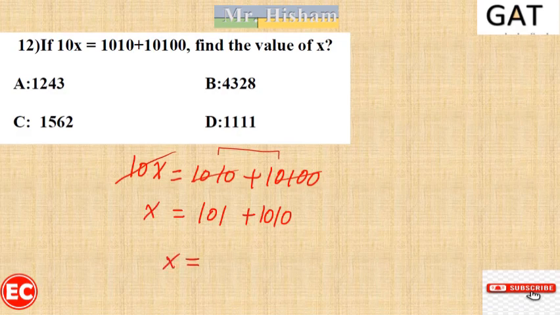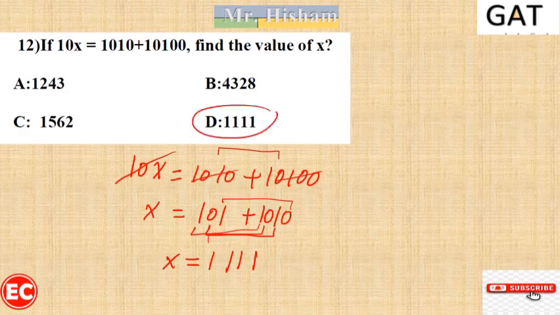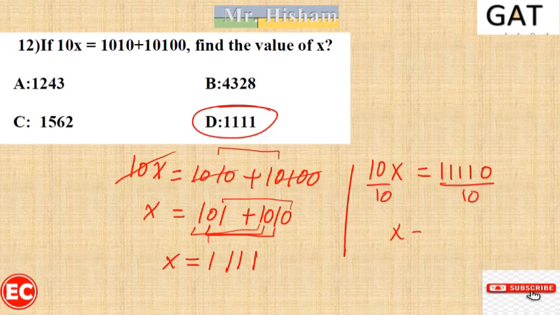So x in one step is equal to 0 plus 1, 1, 1 plus 0, 1, 0 plus 1, 1, and I put down the 1, so it's 1111. By the way, if you add them up, you may write it as 11110 divided by 10, so x is equal to 1111. Check which method is best for you and you can use it to solve.